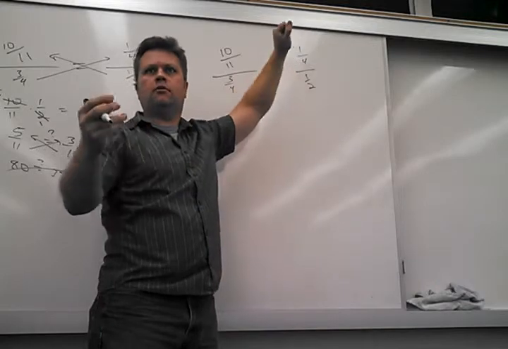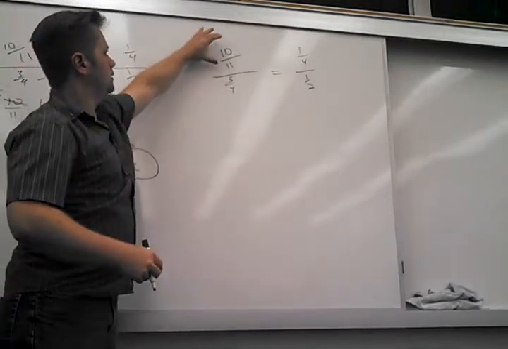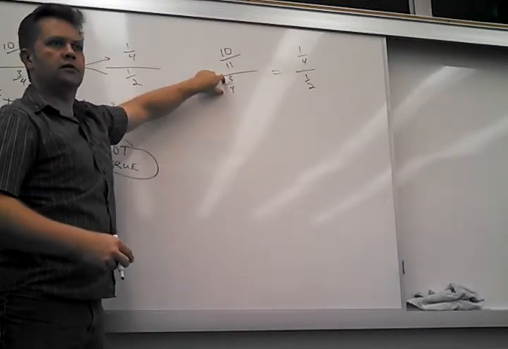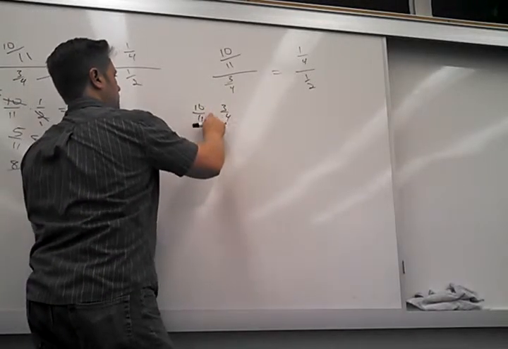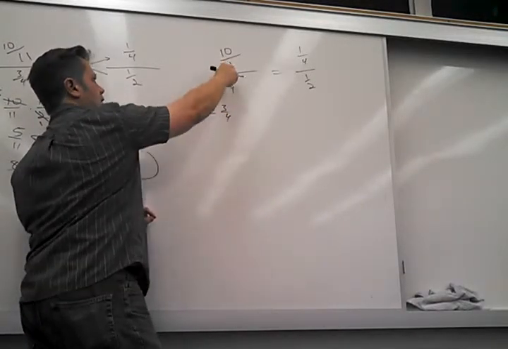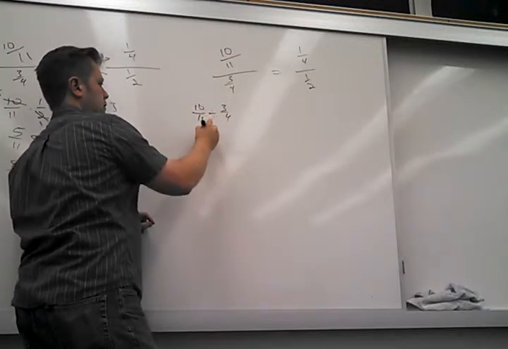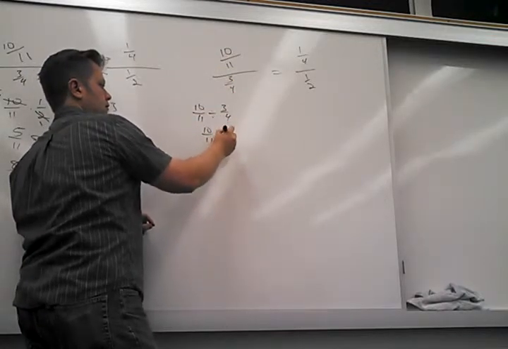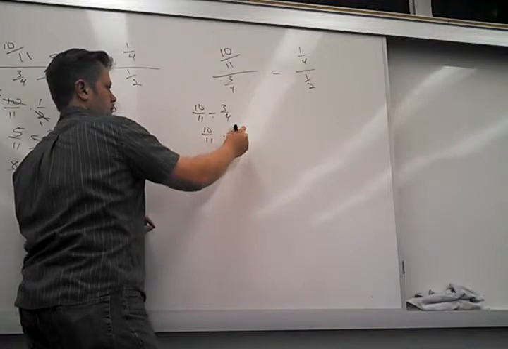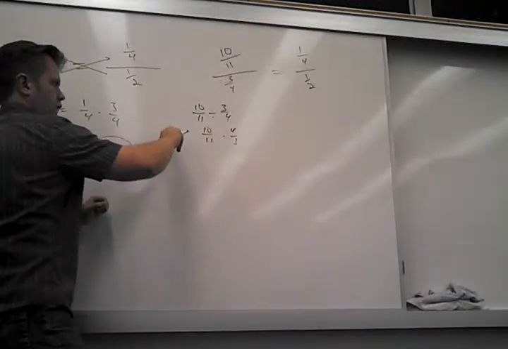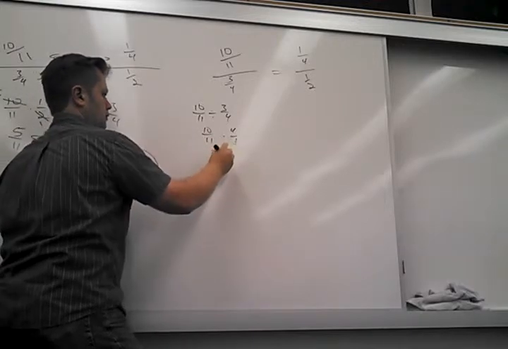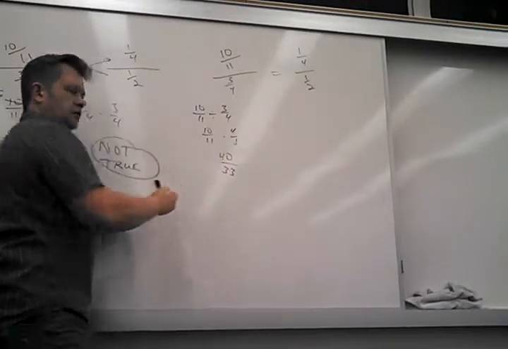Probably like I was saying earlier, this is a fraction divided by a fraction. How do you do that? So that's that divided by this. And that, of course, becomes that times the reciprocal. And what's that? 40 over 33.